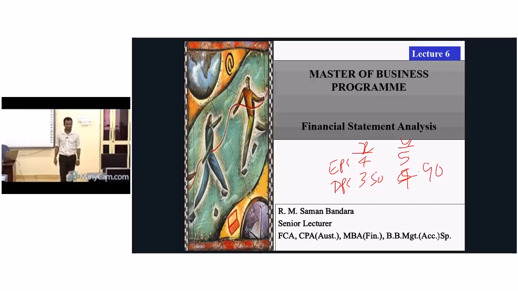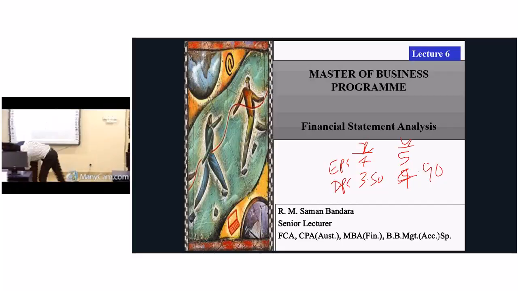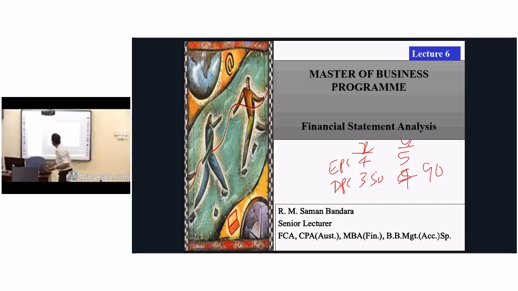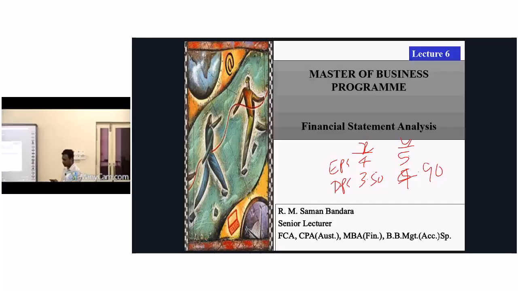Got it? Understand? So that means the dividend payout ratio, not dividend per share. Here the dividend payout ratio is, yes, my calculator. 3.50 divided by 4, it's 87%.